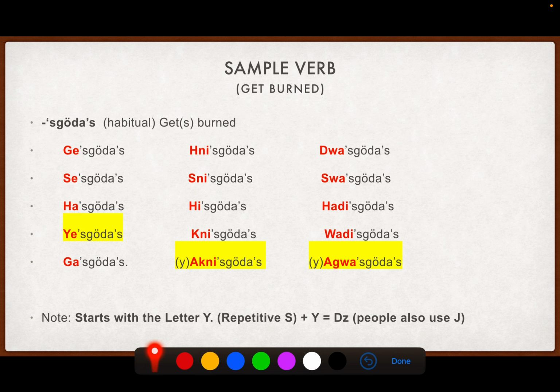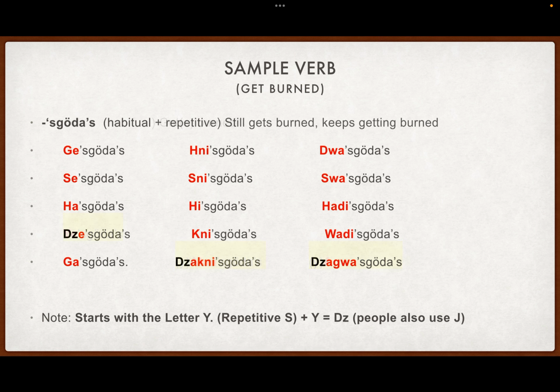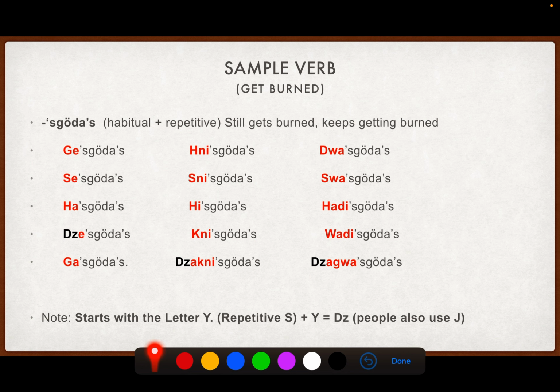So now when we combine those, we're going to get zait skundats, zakni skundats, zagwat skundats. She keeps getting burned. Me and someone keep getting burned. Me and them keep getting burned. So like me and my family, me and my friends, me and my teammates, me and my friend, me and my brother, me and my cousin keep getting burned.